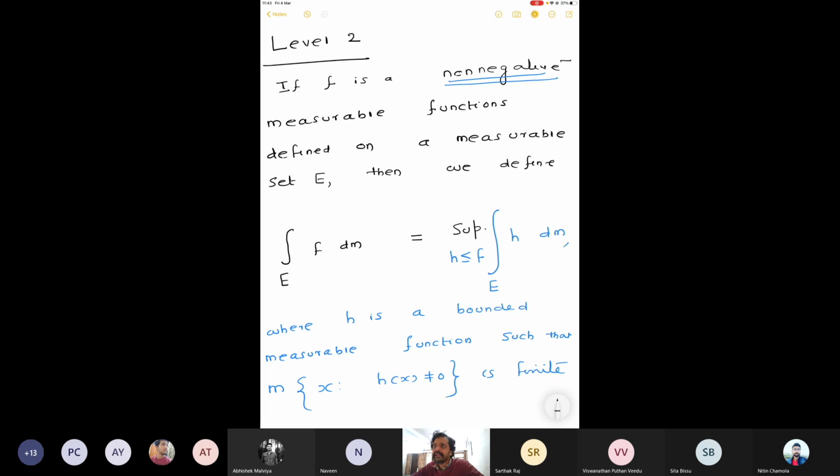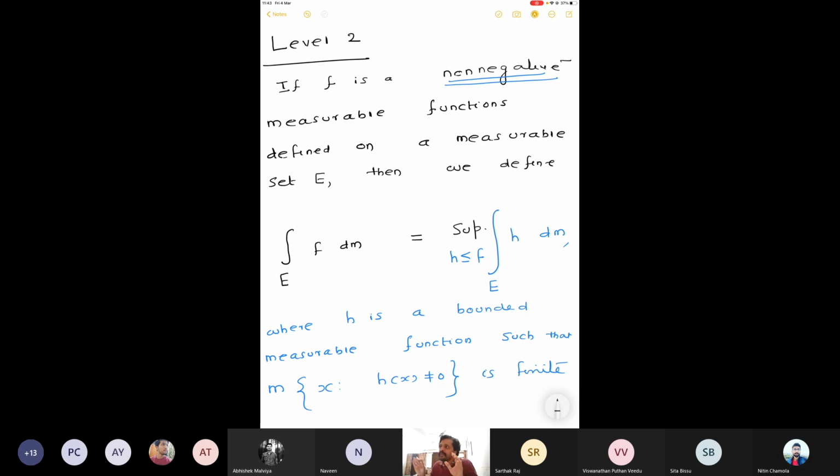So apparently there are two different definitions for the integral of a non-negative simple function. Yes or no? Yes, sir. One by level 0 and another by level 2 using supremum.